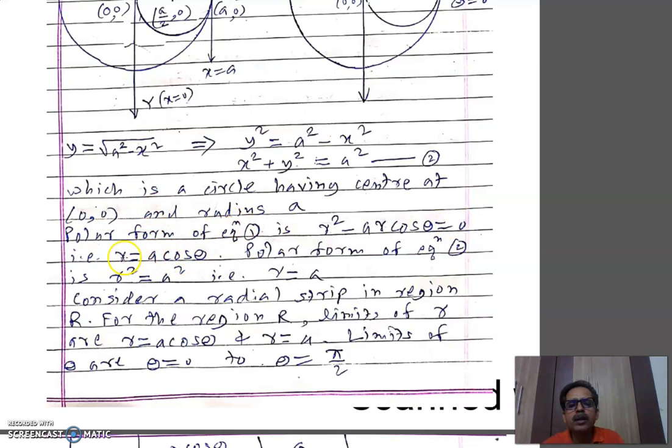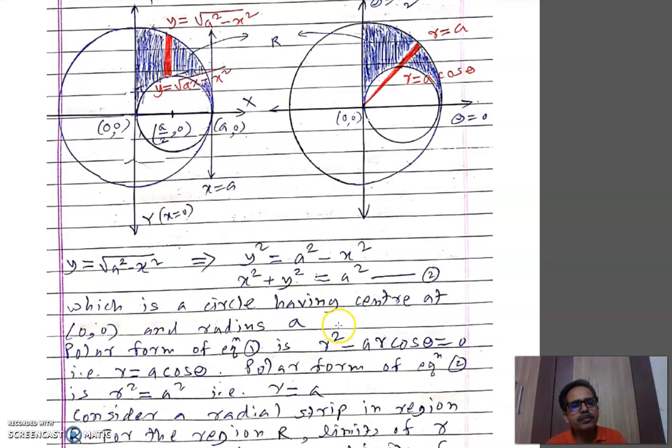So the polar equation of equation 1 is r equal to a cos theta, while the polar equation of equation 2 is r square equal to a square, that is r equal to a. We have already considered the radius strip in the region R, and for the region R, the limits of r are r equal to a cos theta and r equal to a.